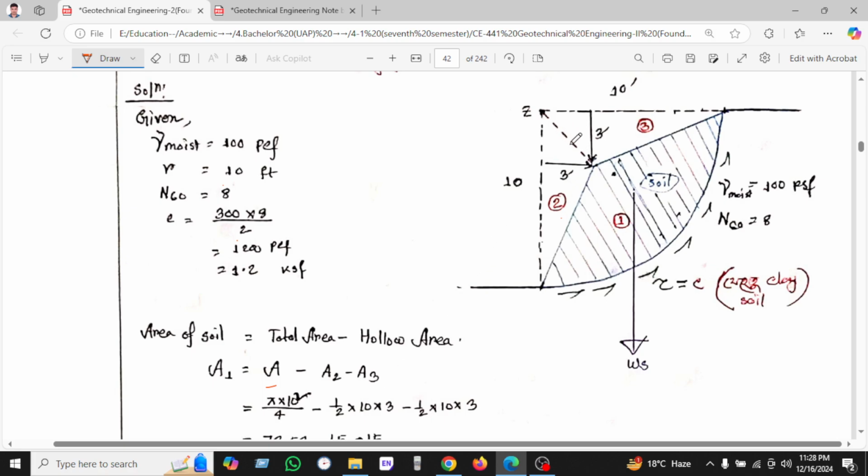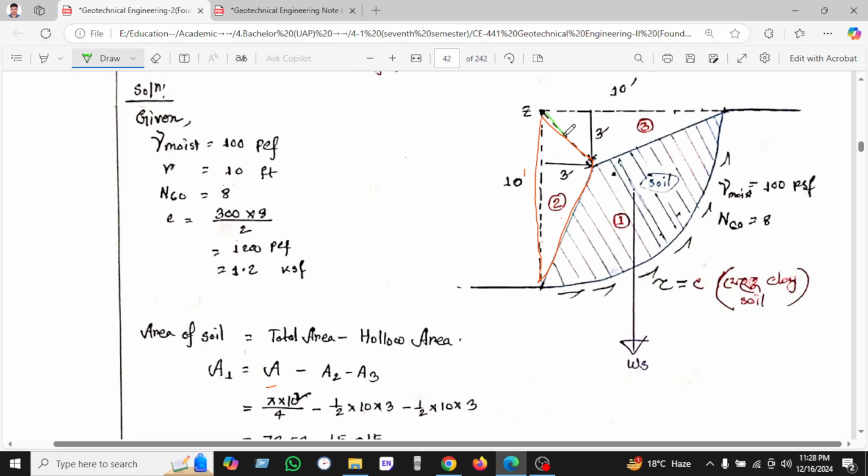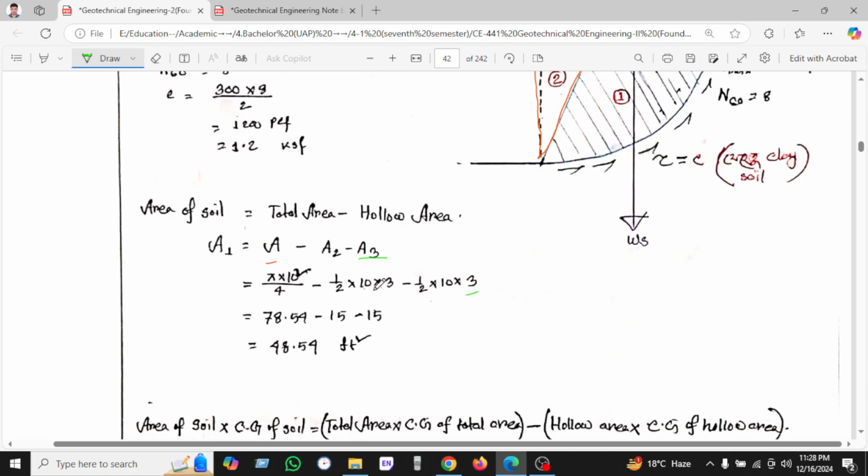We can use the triangular formula as we are dividing this region: half into length into height, where the length is 10 and the height is 3. Another portion we can divide separately here. This portion is a3, half into length 10 and height also 3. In this way we can calculate the area of soil.